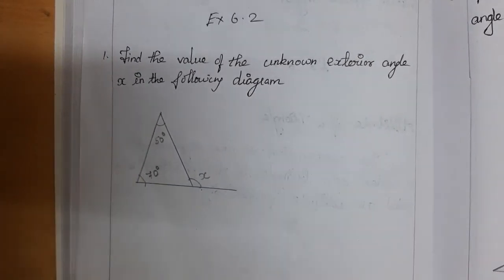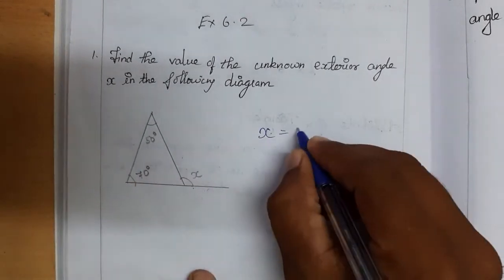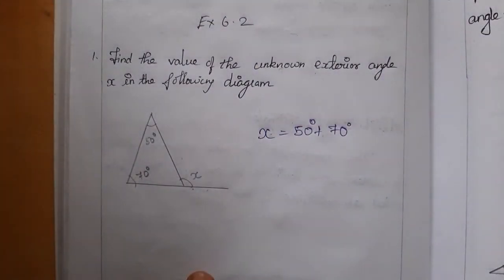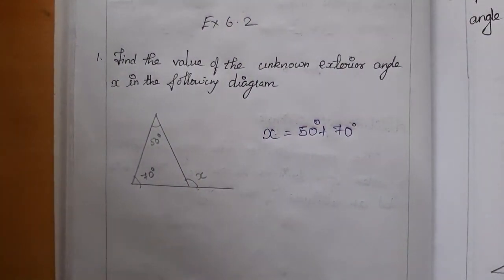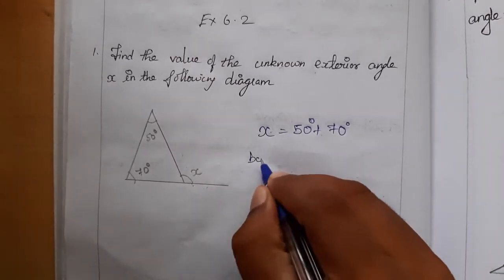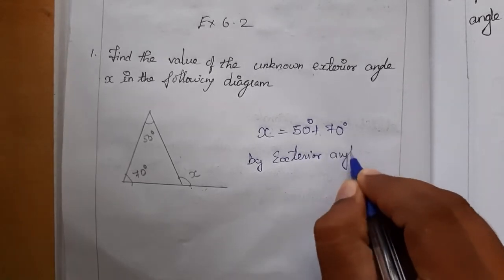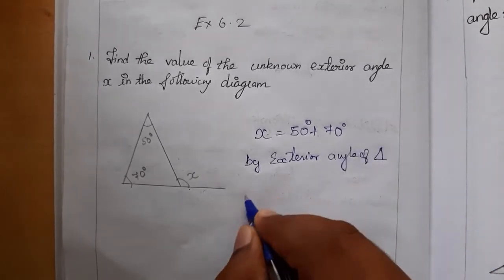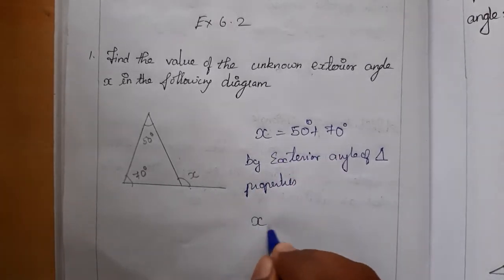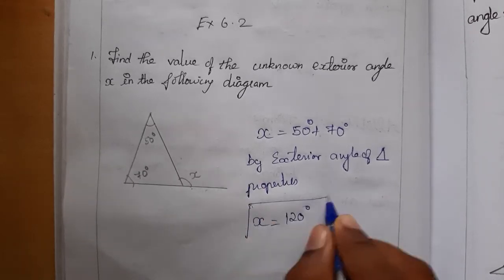So we can write x is equal to 50 degrees plus 70 degrees, by the exterior angle of a triangle property. So x is equal to 120 degrees.